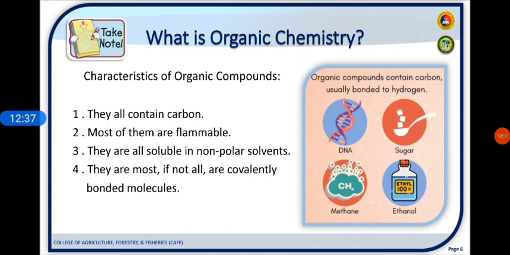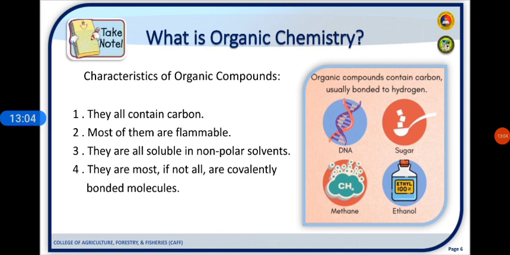They are sharing electrons to form bonds. Later on in lesson 2, we are also going to tackle chemical bonding, so don't worry about that. I am just giving you an overview about the characteristics of organic compounds. So please remember, organic compounds are covalently bonded molecules.